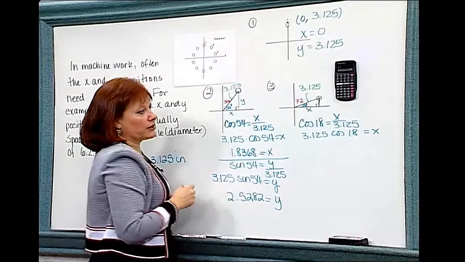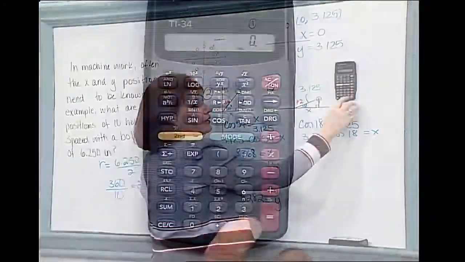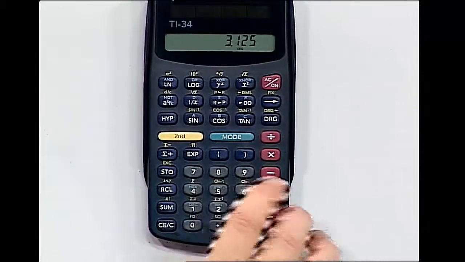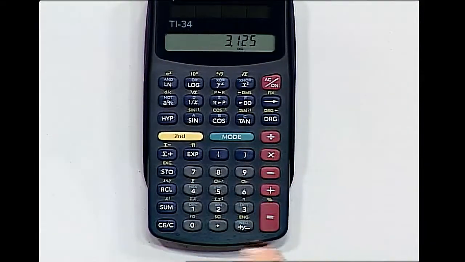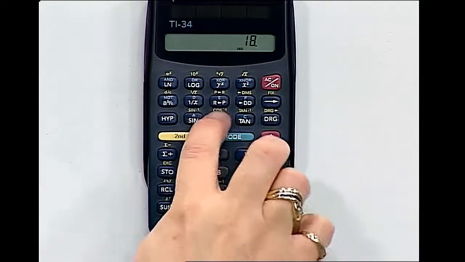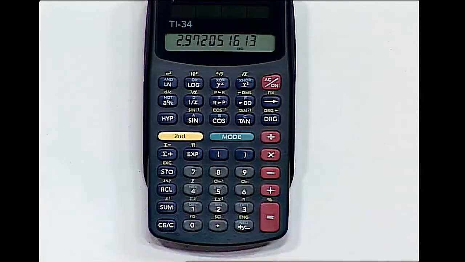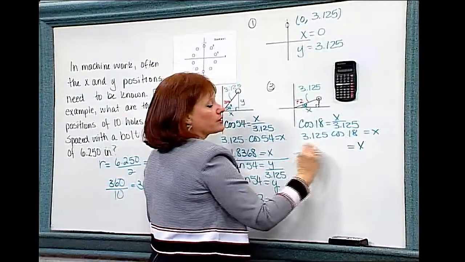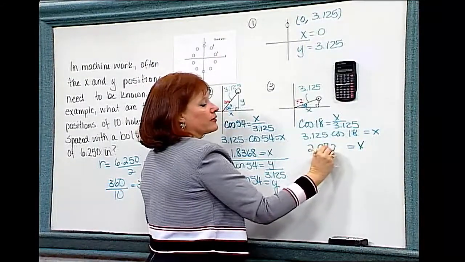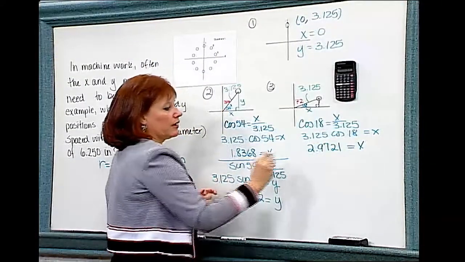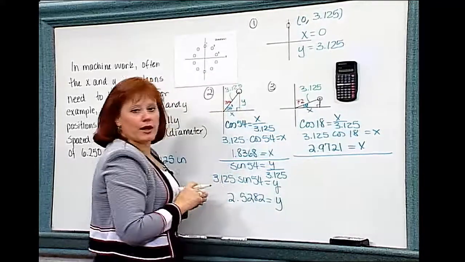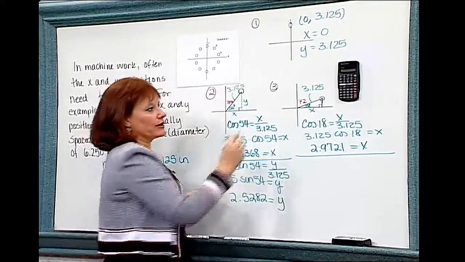I'll move to the calculator to do this. Clearing my calculator, I'll have 3.125 times the cosine of 18, so I'll put in 18 cosine, and hitting equals, I have 2.9721. So I know the x-coordinate is 2.9721. Now I need to find the y-coordinate, and I'm not going to do anything different than I did in the previous problem.